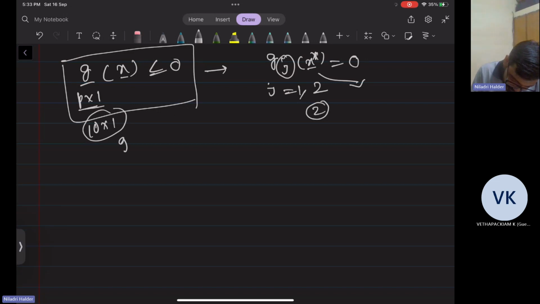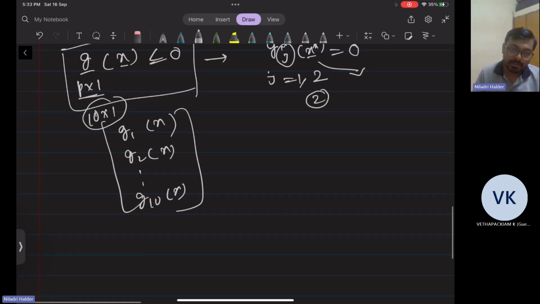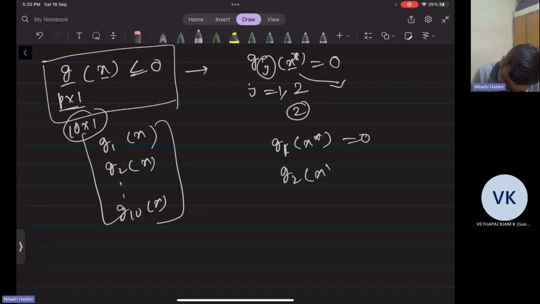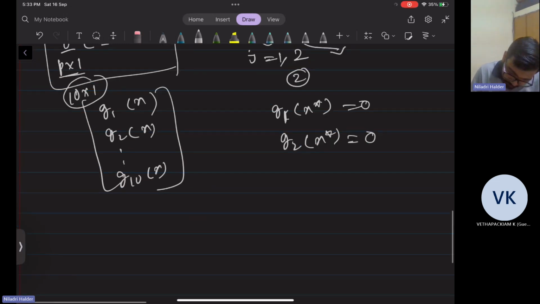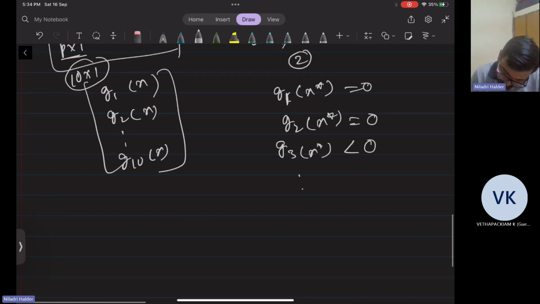Suppose these are g1 of x, g2 of x, up to g10 of x, 10 functions. Out of these, only g1 of x star is equal to 0 and g2 of x star is equal to 0, but all the others, like g3 of x star, are strictly less than 0.